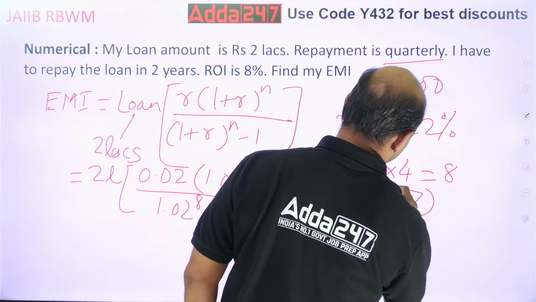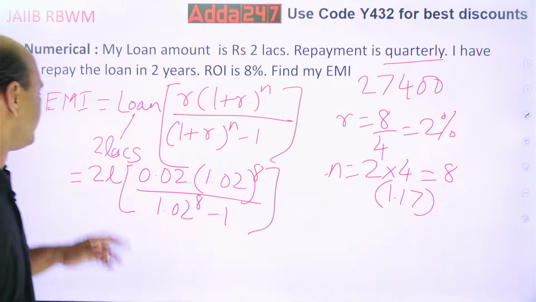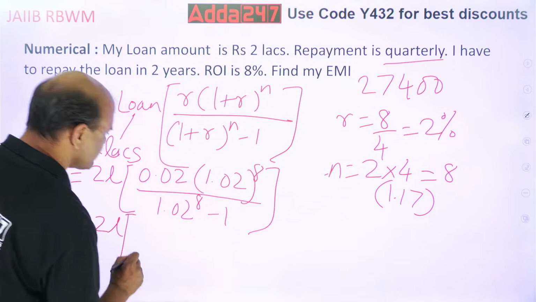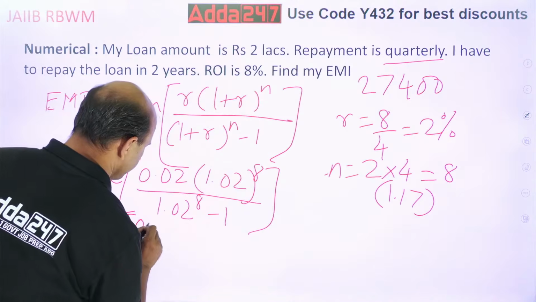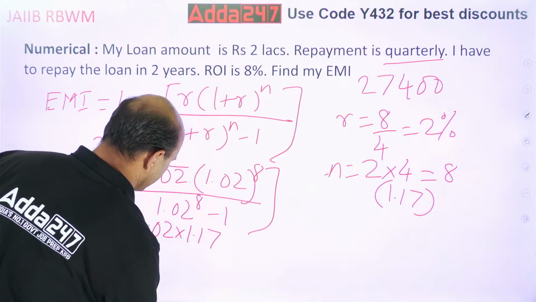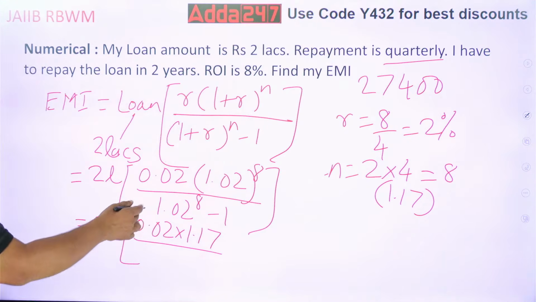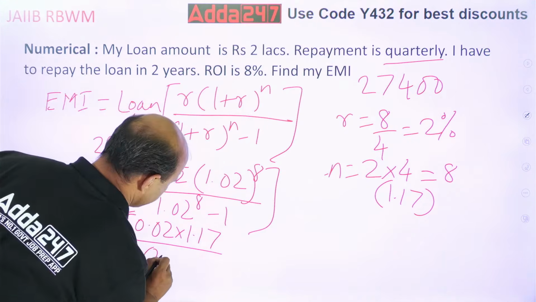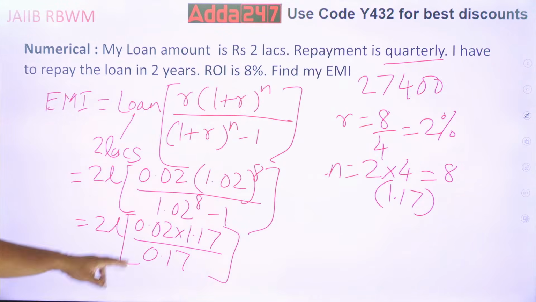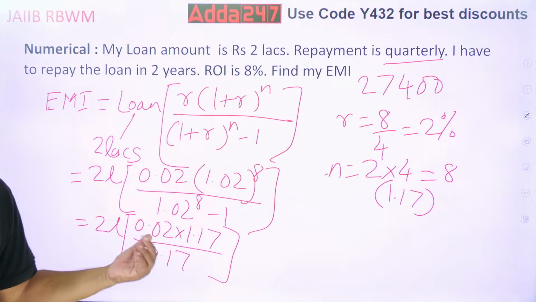I'll write it over here. So 2 lakhs into 0.02 into 1.17, the whole upon, this is what? 1.17 minus 1, so 0.17. So try it, everyone.